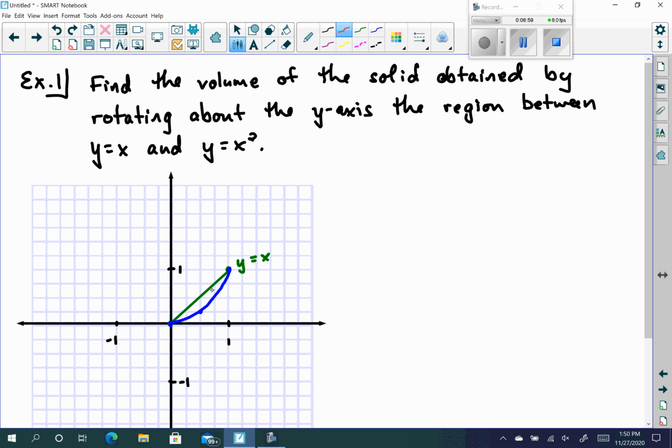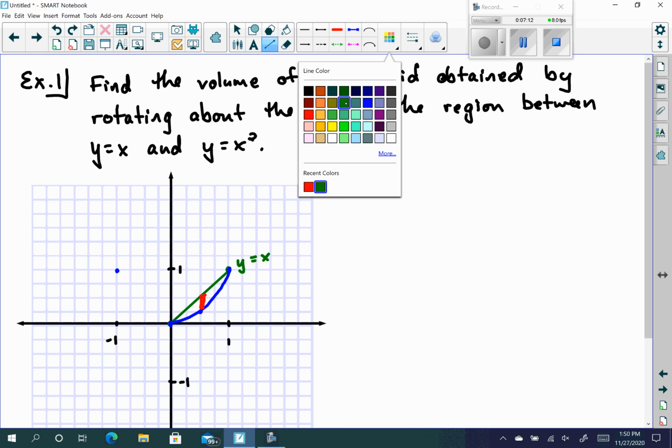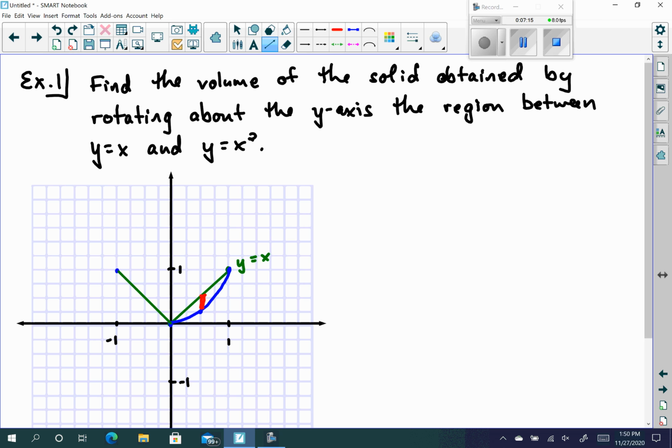In order to start the cylindrical shell, we are just going to have a little sliver, a little rectangle start here. And again, if I were to do a mirror image on this side, just to show you that copied over there, then we would get the cylindrical shell forming right here.